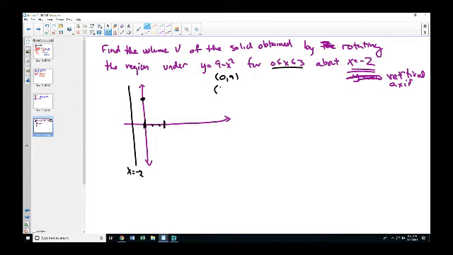And at 3, 0, so my shape looks like that. Correct? Wait, wouldn't it go all the way to X equals -2 though? The shape? No, that's your rotation axis. Your boundaries are for the function. I see. Right, okay. So the integral.